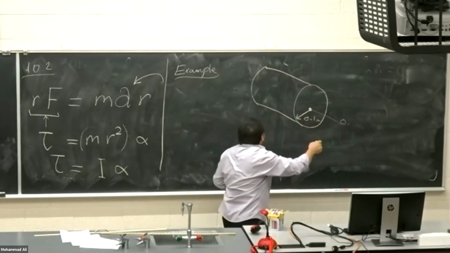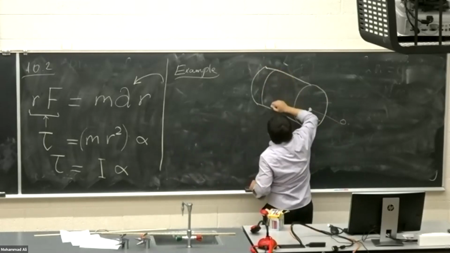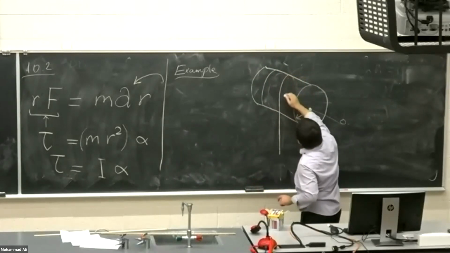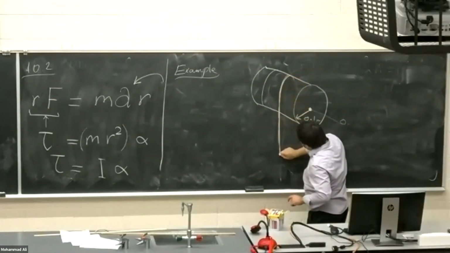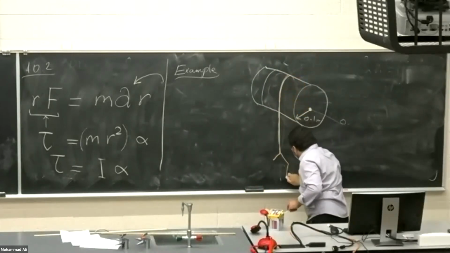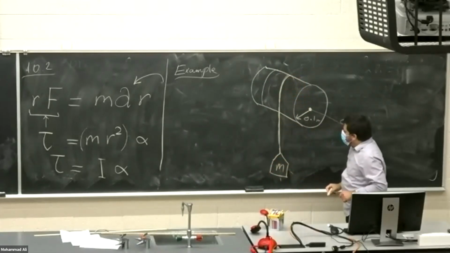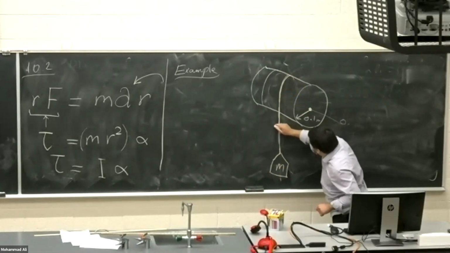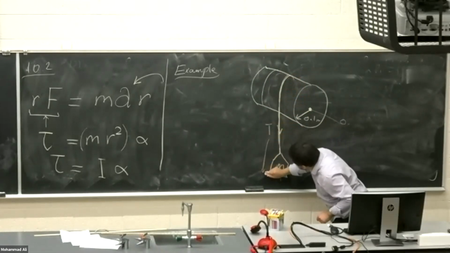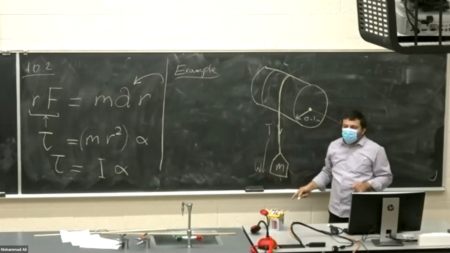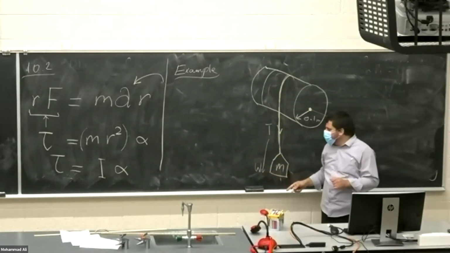We have a rope wrapped around it and going down, and there is a mass hanging here. There is a tension force here, which comes from the weight. This is weight, not omega and not work.